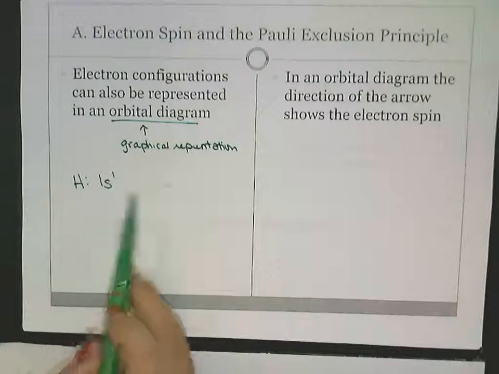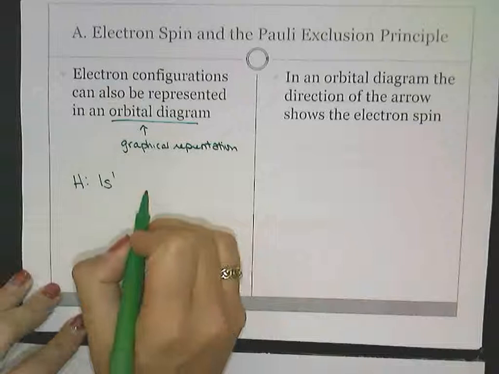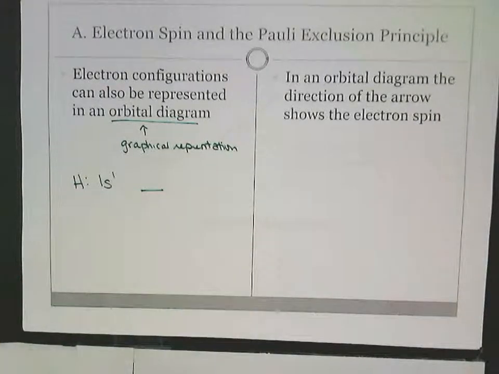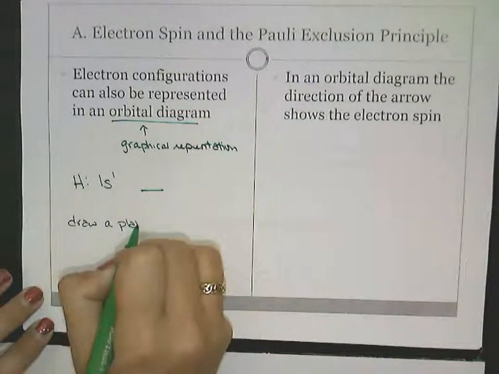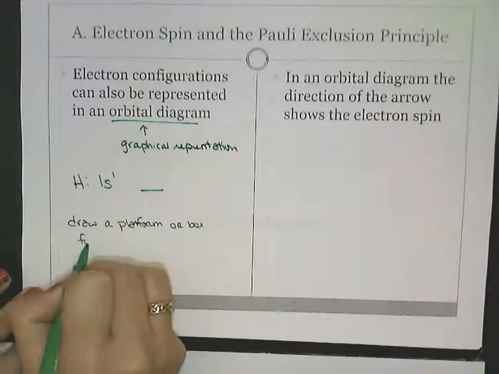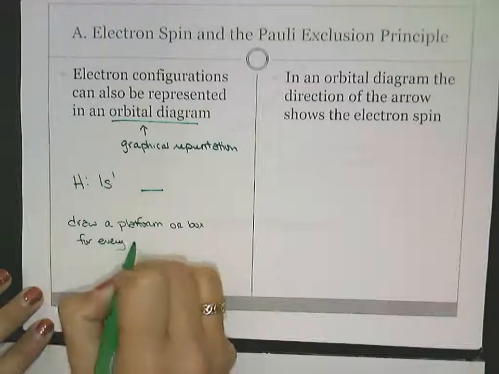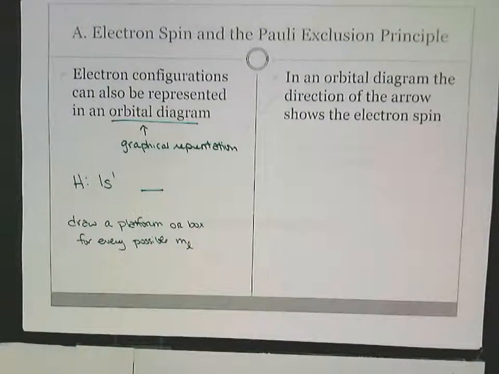If I wanted to do this as a graphical representation, you draw one platform or one box for every possible m sub l. So this is my 1s platform.